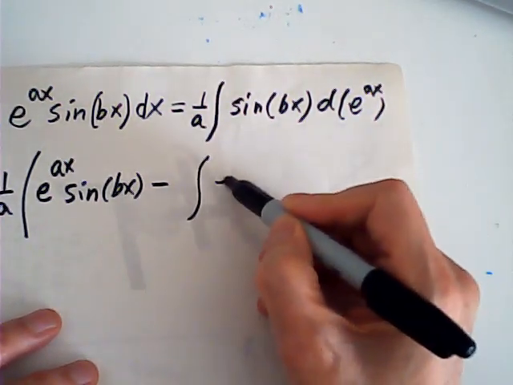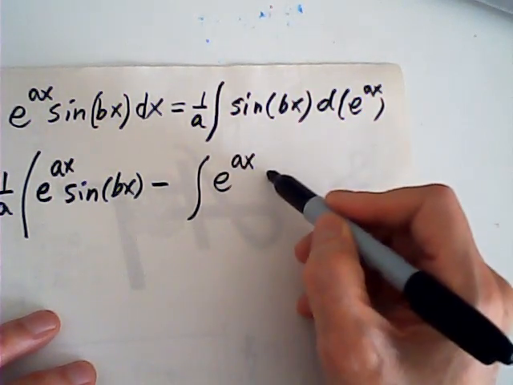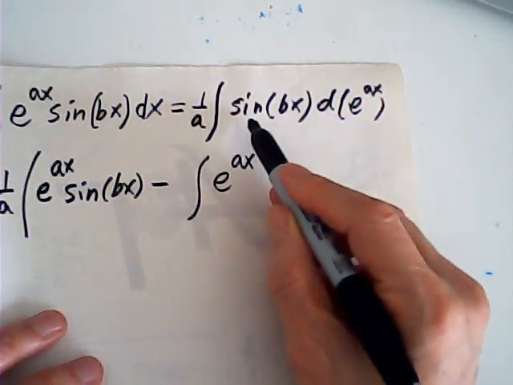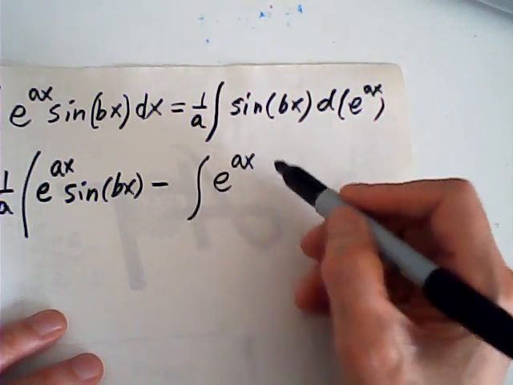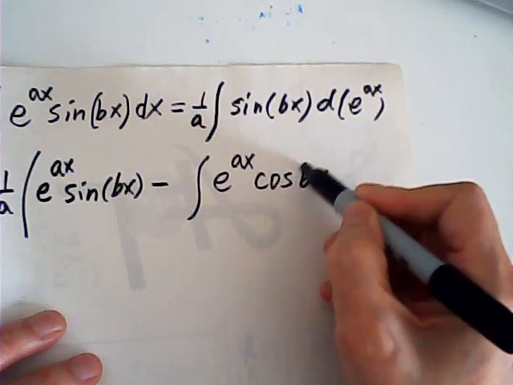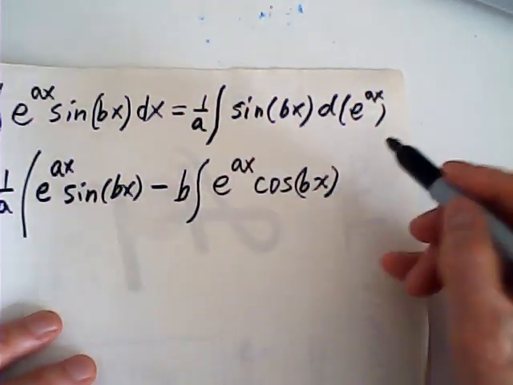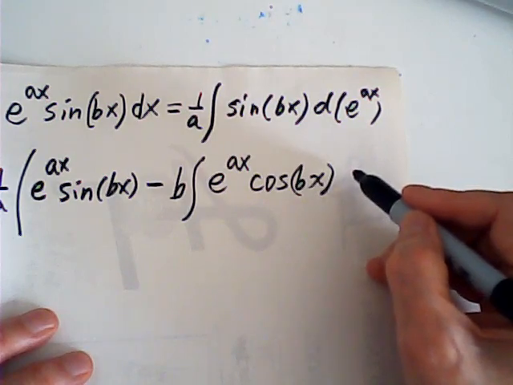V is this. Du is a cosine bx times b, right? B take out, and dx.